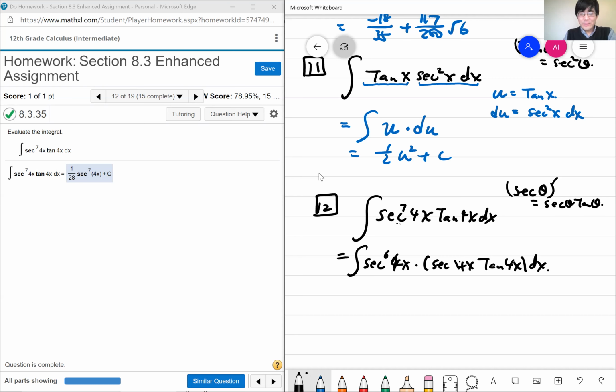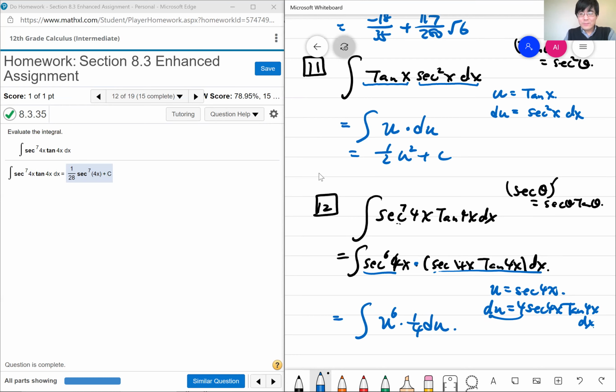Splitting it into secant and its derivative form, let u be equal to secant 4x. Then du is equal to secant tangent times 4 dx. So after substituting, it's going to be u to the power of 6 times 1/4 du. So the answer is 1/28 u to the 7th plus c, and bring back u to secant, like this, okay?